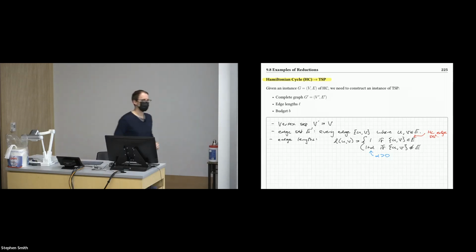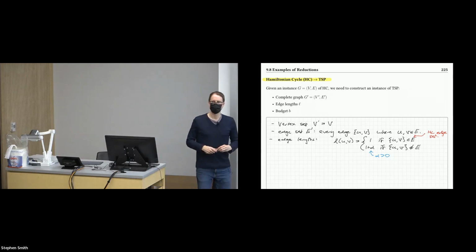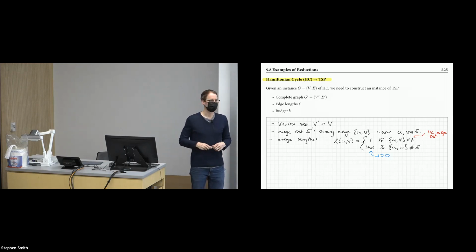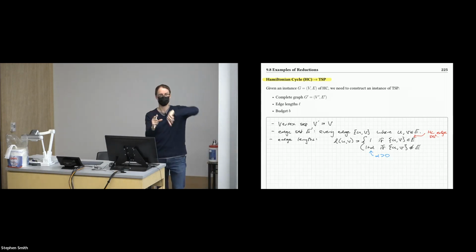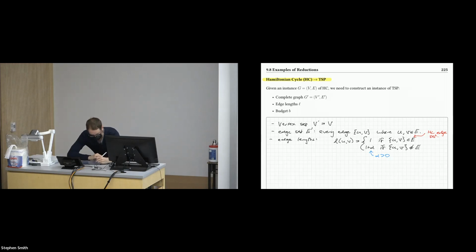And then what should my budget be? How many edges are on a cycle that goes through every vertex? It's actually |V|, right? Because it's closed. So to do 3 vertices, I have to do 3 edges like the triangle, right? So budget.